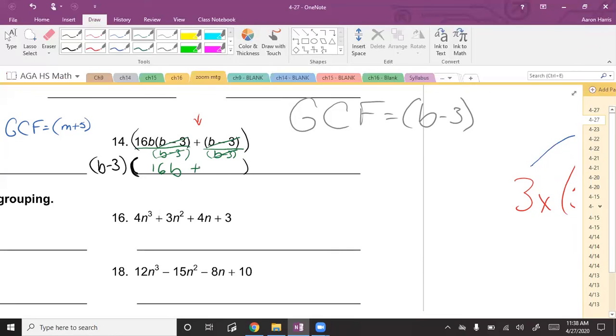So what is B minus 3 divided by B minus 3? 1, correct? Final answer is B minus 3 times 16B plus 1. Does that make sense?